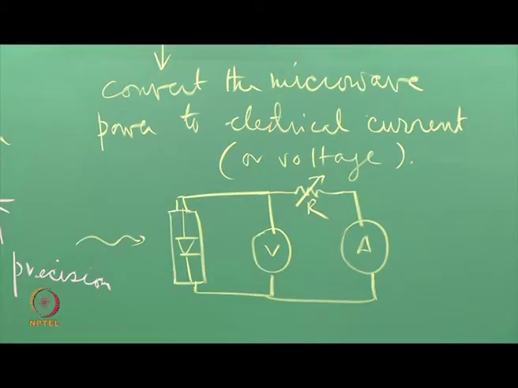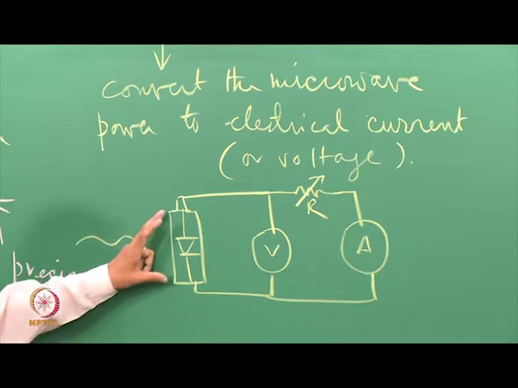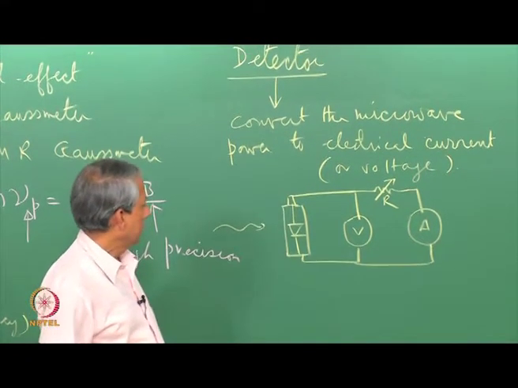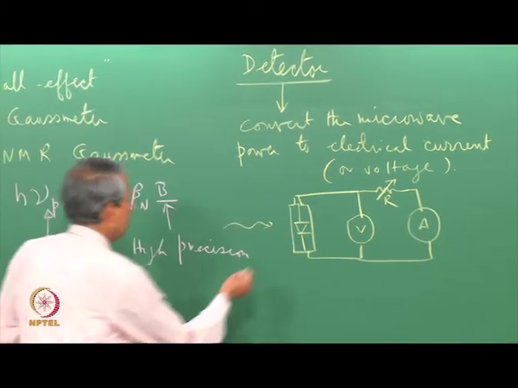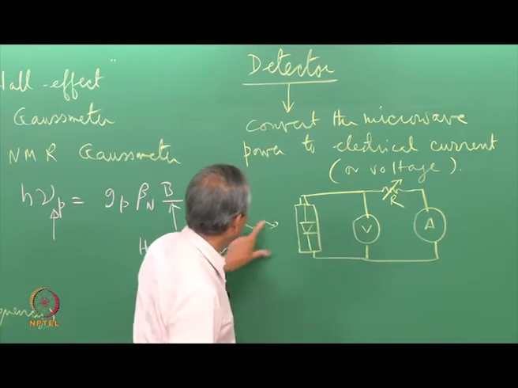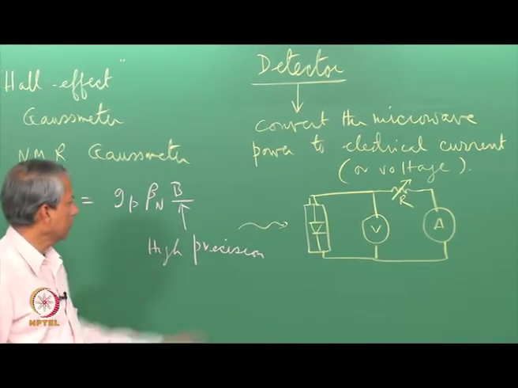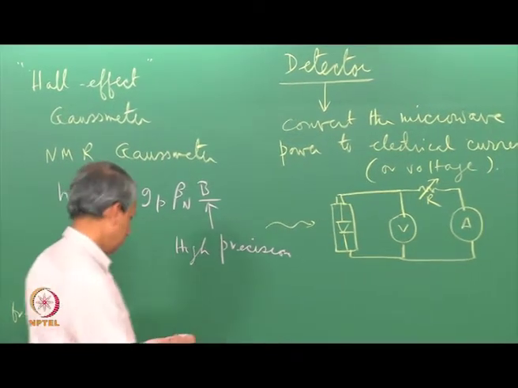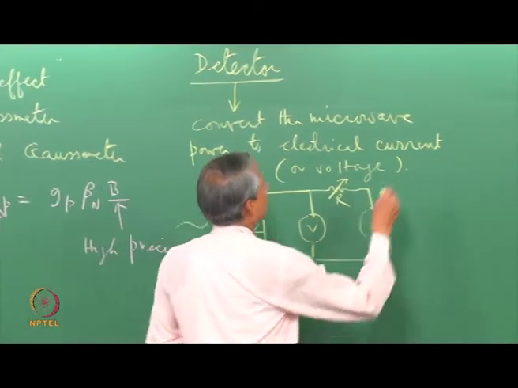Now, the trouble is that this being a diode, it is not a linear device. Current that is generated here because of the microwave power is a non-linear function of the power that is falling on the diode, and it looks like this.